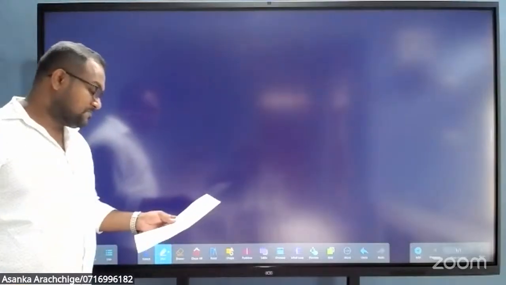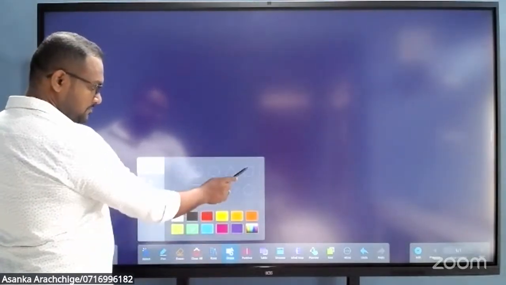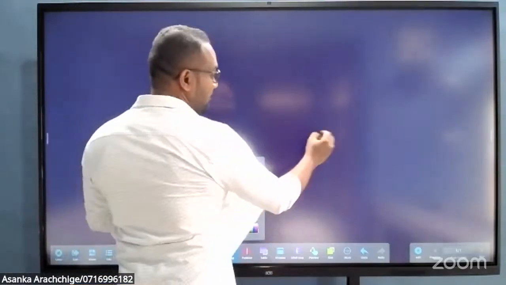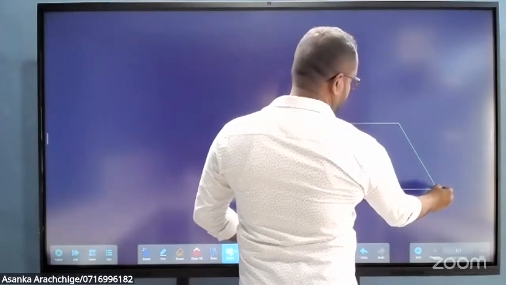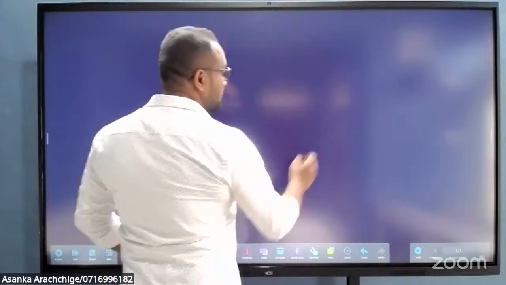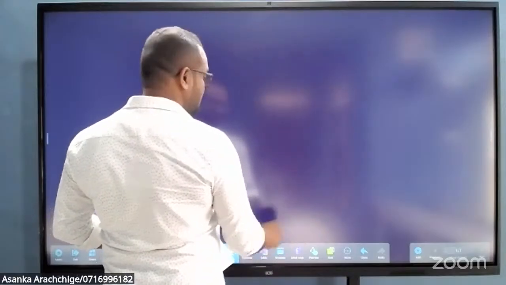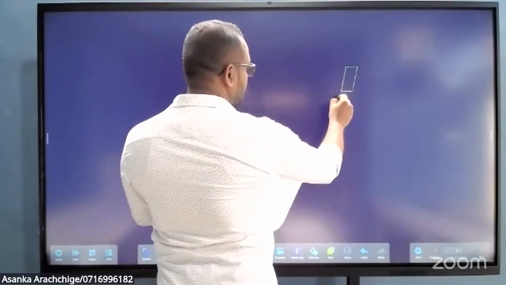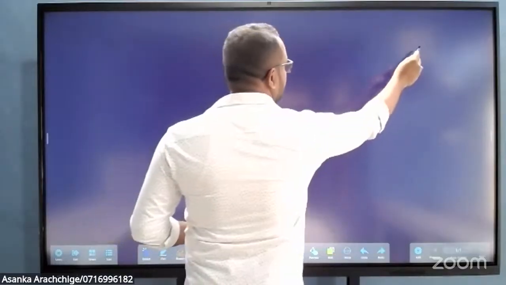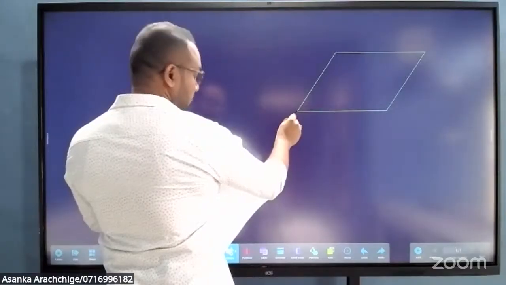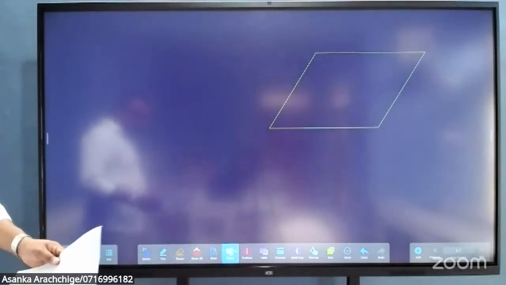Right. Let me draw the given diagram first. The diagram is given to be like this. This is a parallelogram.